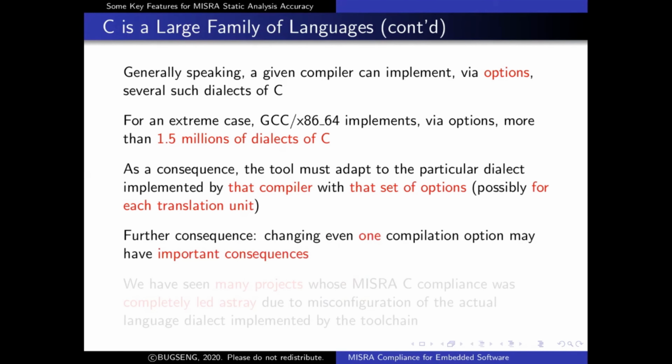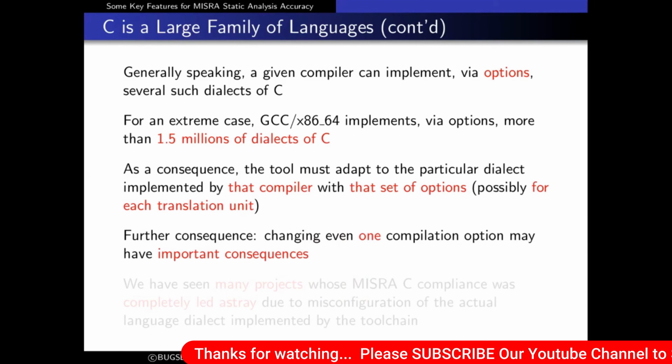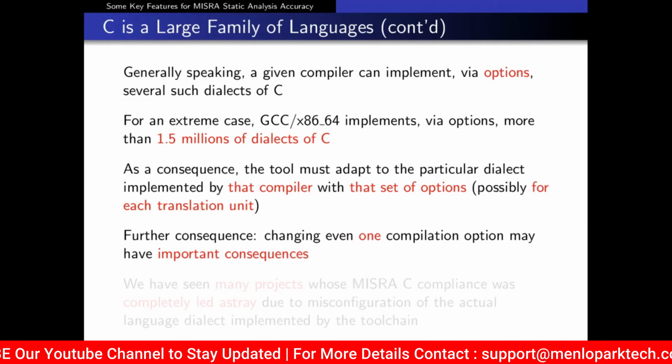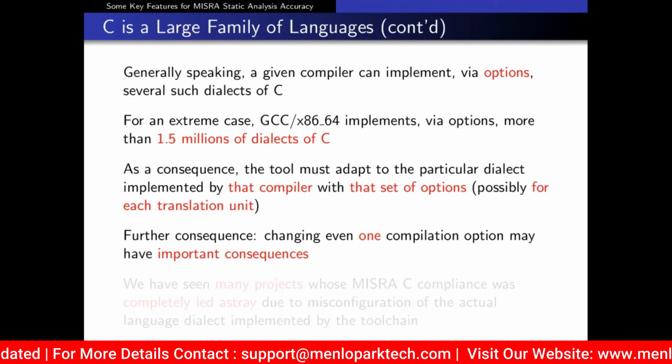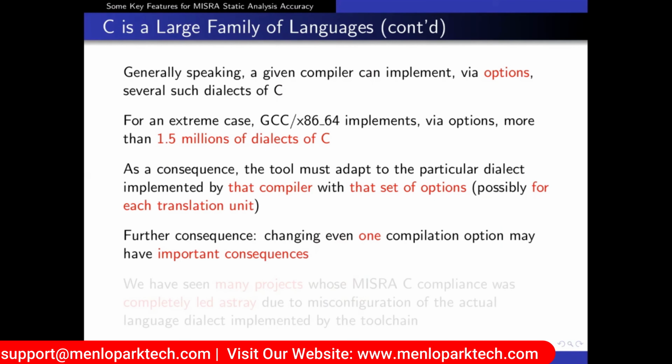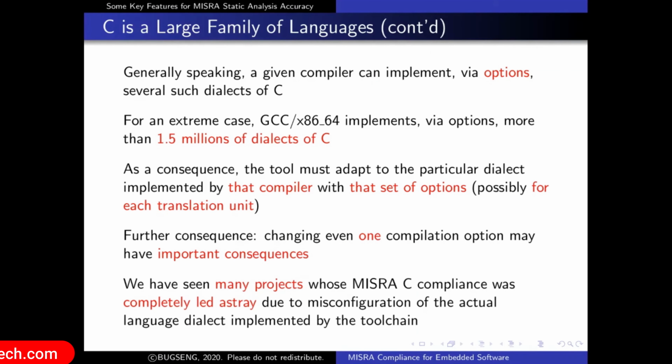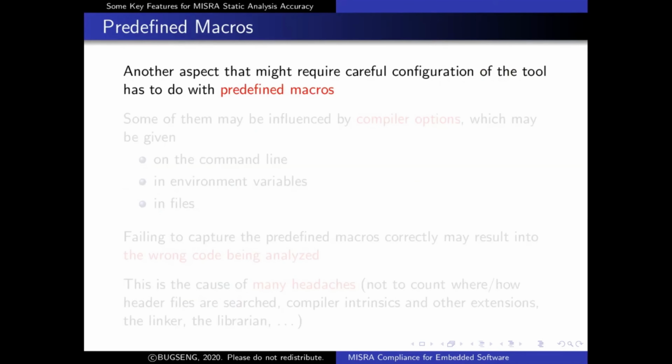Changing even one compilation option may have important consequences, so I have to remember in most cases to update the tool configuration to reflect this change. We have seen many projects whose MISRA compliance was completely bogus because the tool was not configured to recognize the precise dialect implemented by the toolchain.